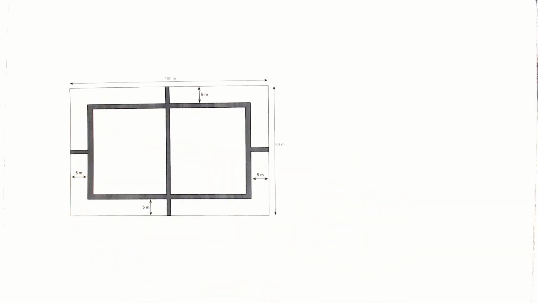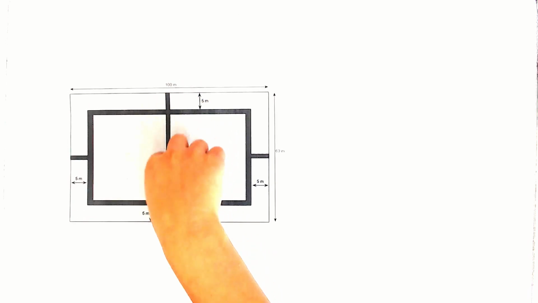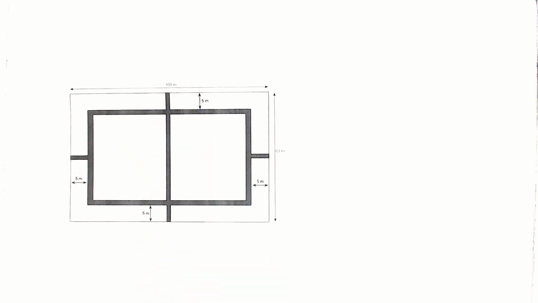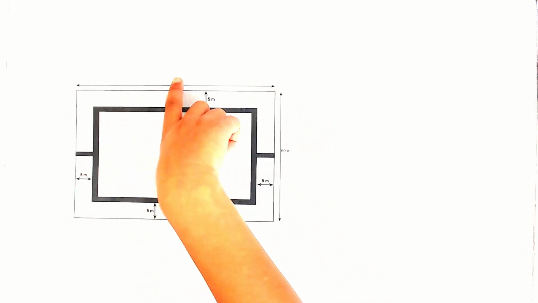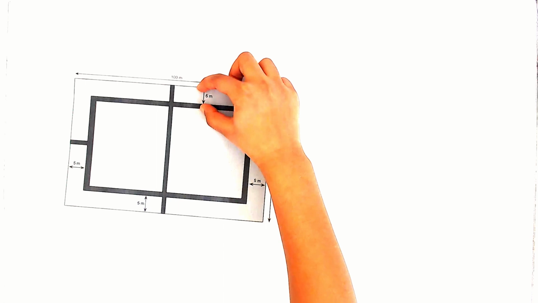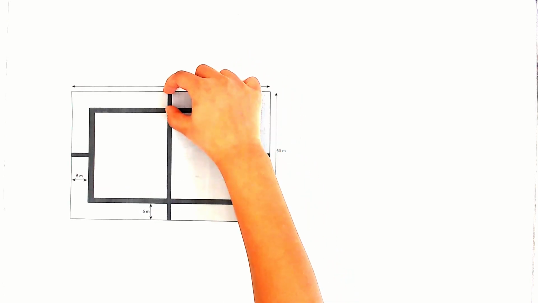So let's find the middle part, all of this first. If this is 60 meters, this would be 60 meters too, right? If this is 5 meters and this is the same, that would be 5 meters too.